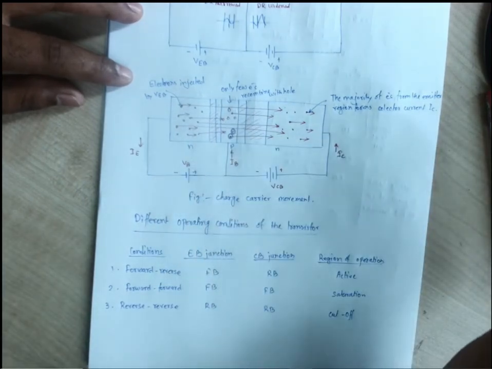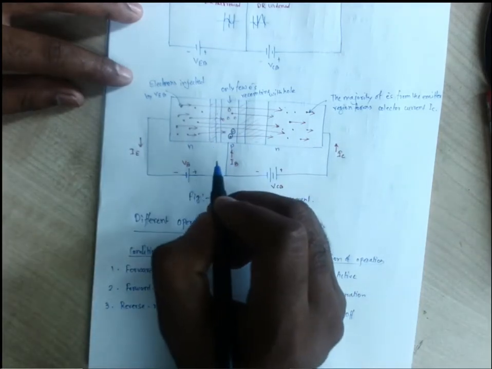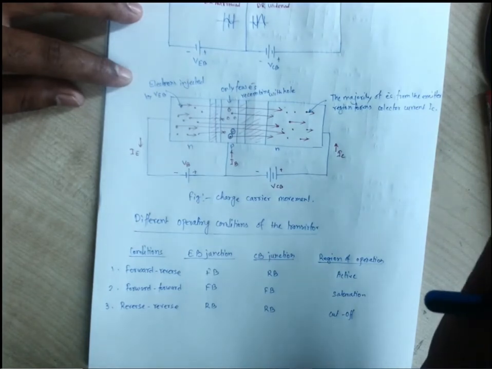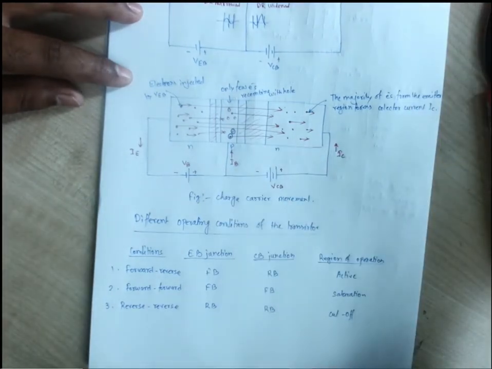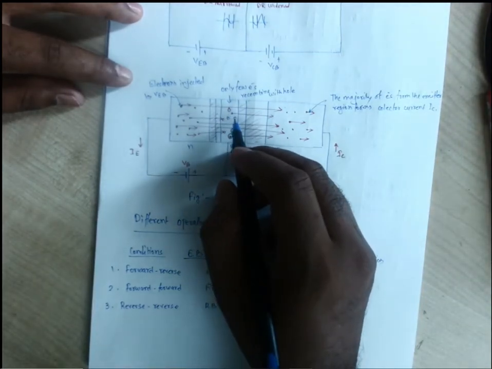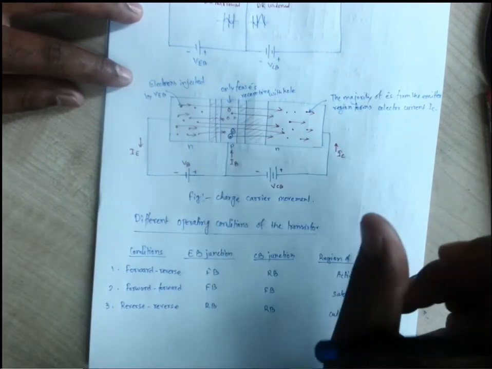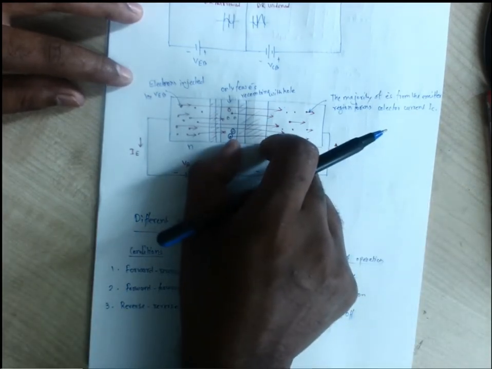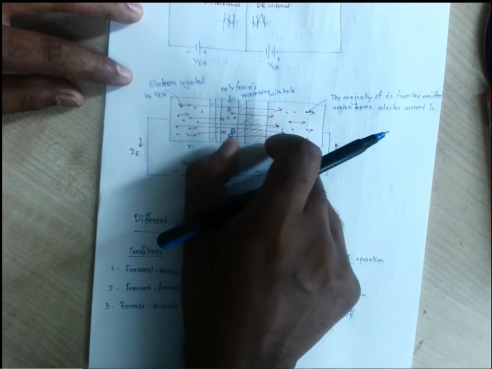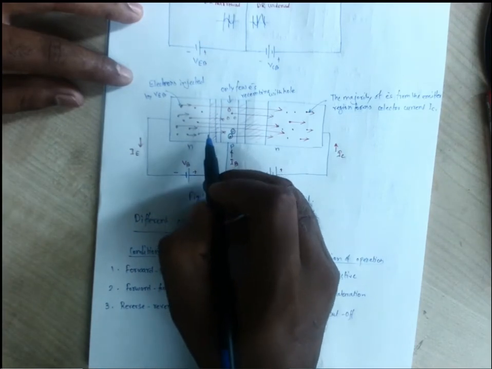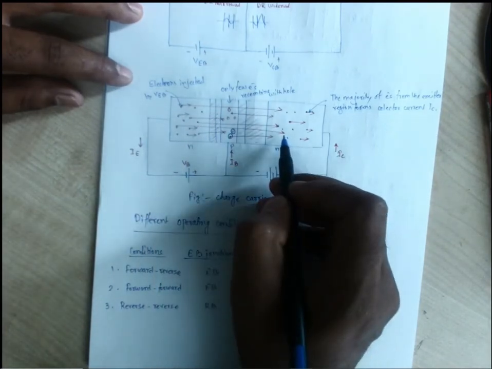This input side, as it is forward biased, has quite little obstruction for the charge carriers to move into the base region. But after reaching the base region, they find a higher amount of obstruction to reach the collector region, because they need to overcome this depletion region width. So the input side has less obstruction and the output side has higher obstruction.